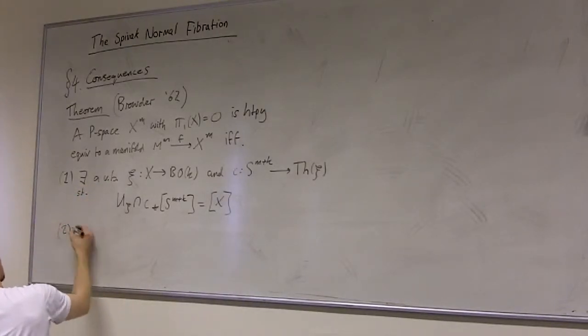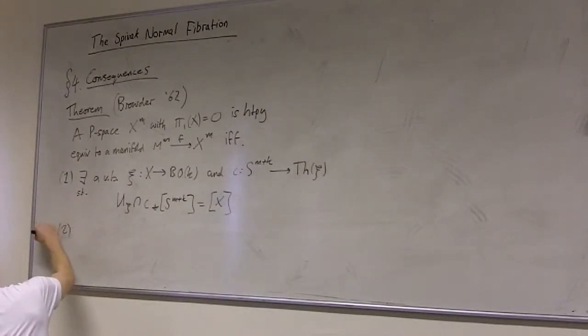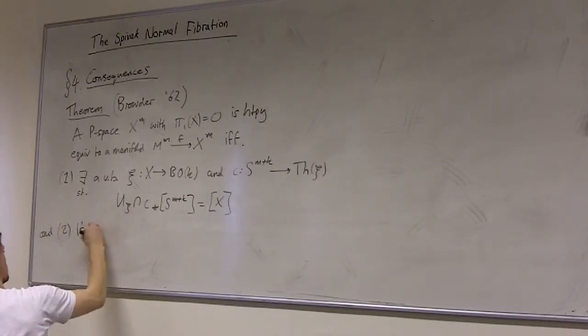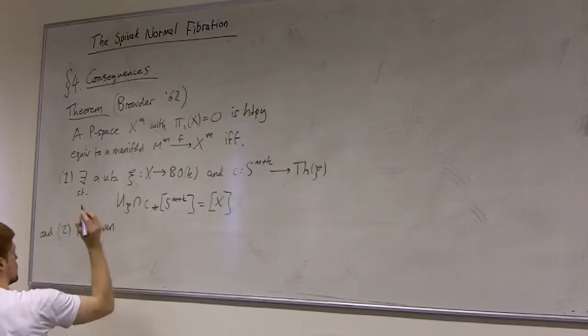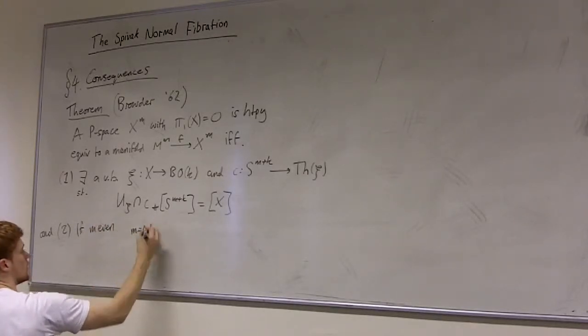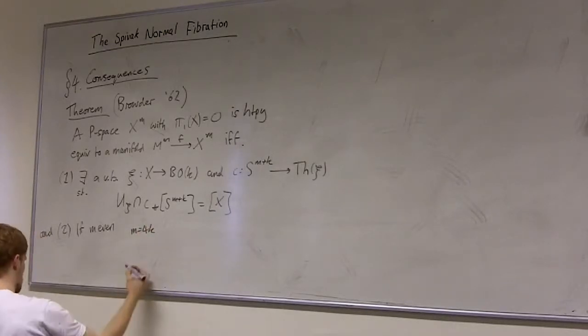And then the second condition. So if M is even, we have a couple more conditions. So if M is 4K, there's a condition on the signature.